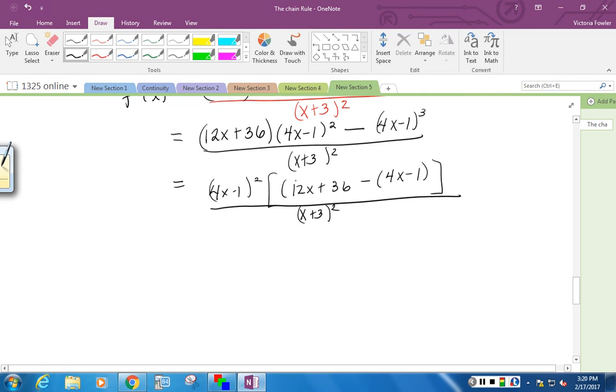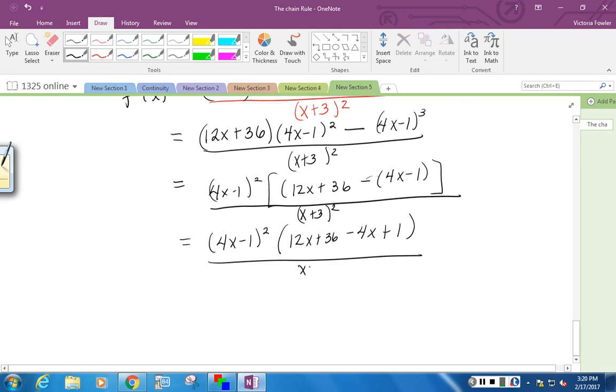And so I've got 12x plus 36 here, and it says I can subtract the quantity 4x minus 1. So just do a bit of rewriting here. Distribute that negative. It's a minus 4x plus 1. Rewrite my denominator.